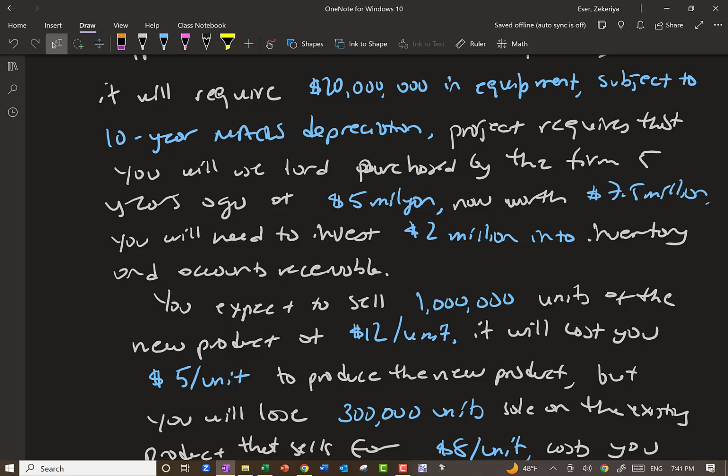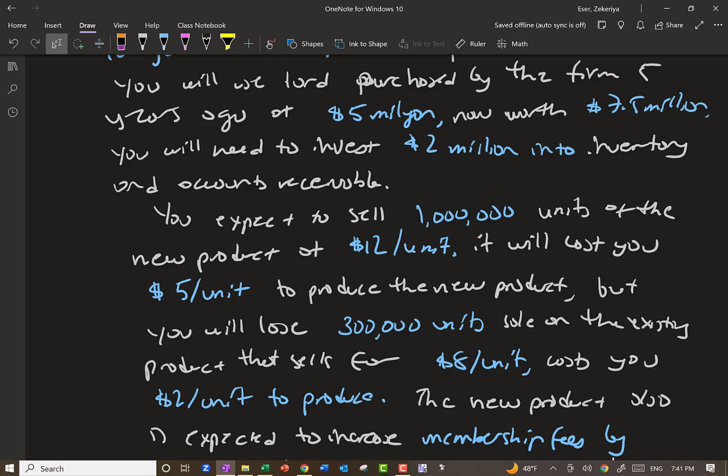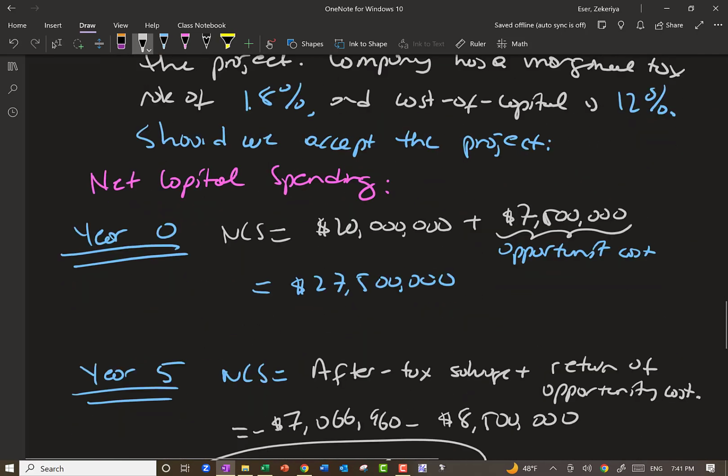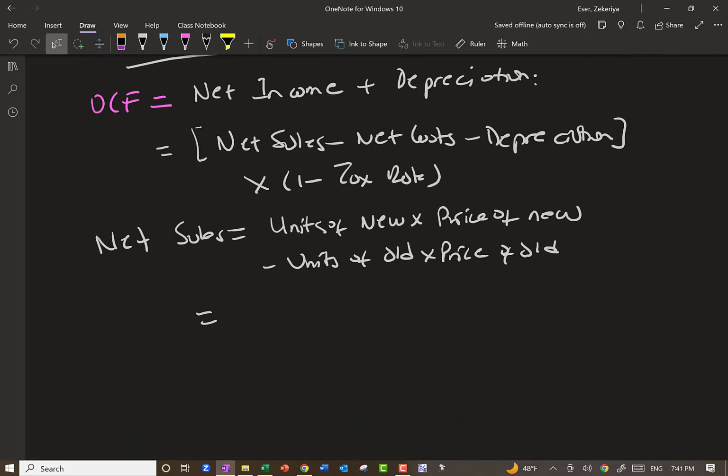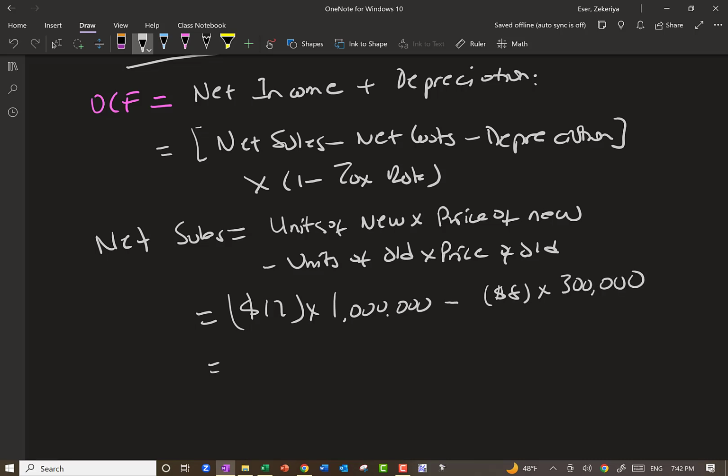Yeah, 1 million new units at $12, but we're going to lose 300,000 old units at $8. And that's going to be 12 minus 2.4, which is 9.6.